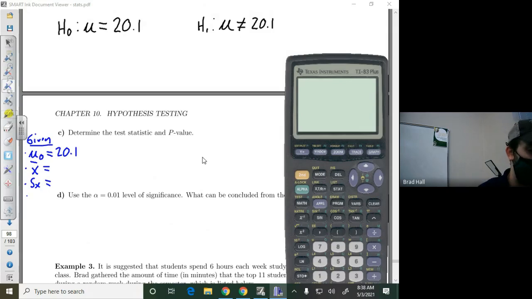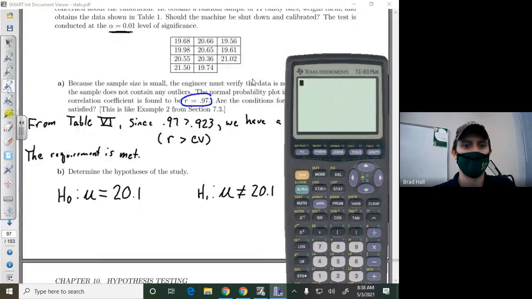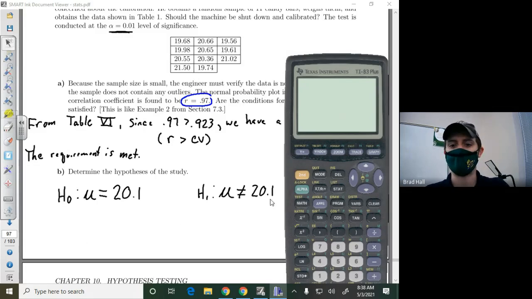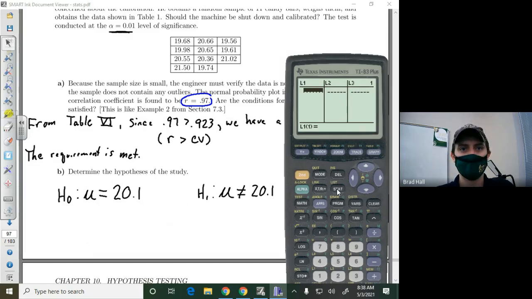And the last one was n, which we knew was 11. Because there's 3, 6, 9, 10, 11. There's 11 values here. So we need to figure out the mean and the standard deviation of this list. Stat, edit, and we have to just type in these values.